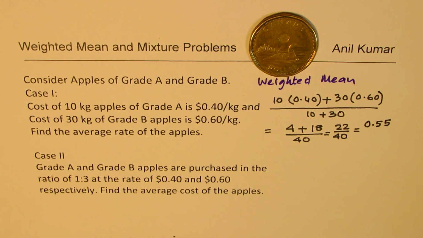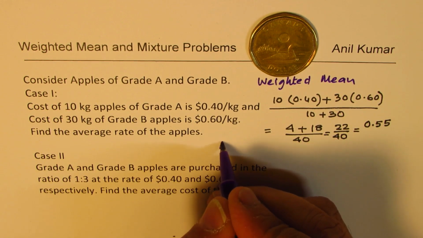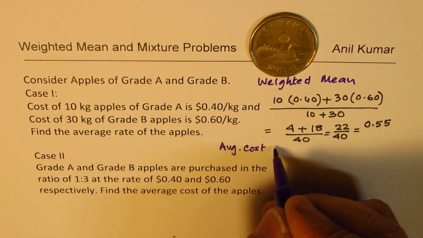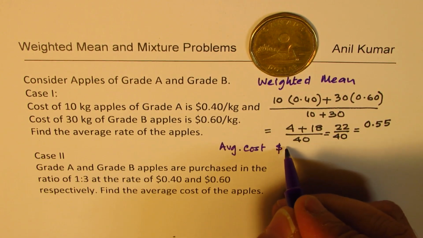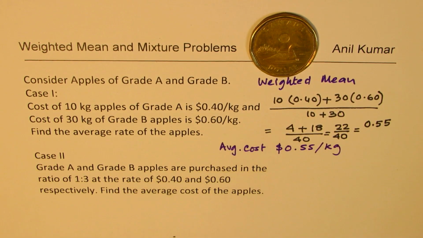So with that, you get the average cost, right? So let me write down here the average cost becomes $0.55 per kg. Clear? Now, see it is not 50, right? So there is huge difference between weighted mean and the normal average, and that is how you can see it.